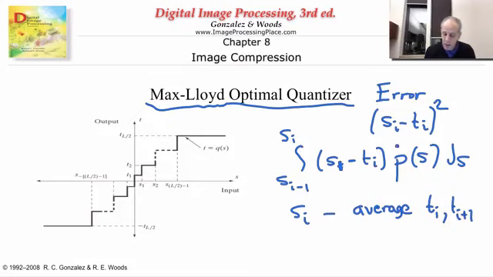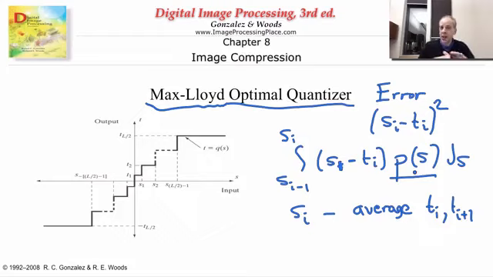That comes because you're trying to compute that mean square error, and that leads to an average. From this, you get a second equation. So you get two equations for every one of these concatenated intervals, and you have to solve them. That's not always easy, and closed solutions do not exist for most probability distributions.